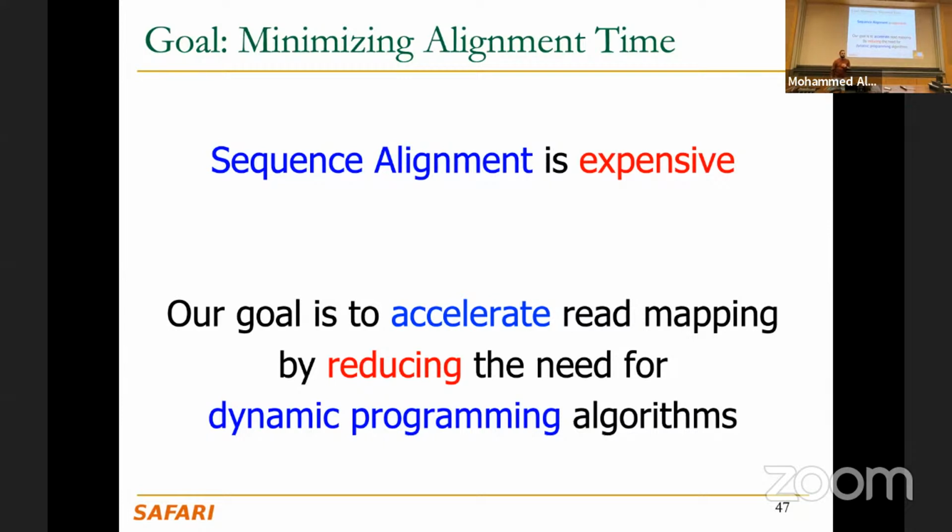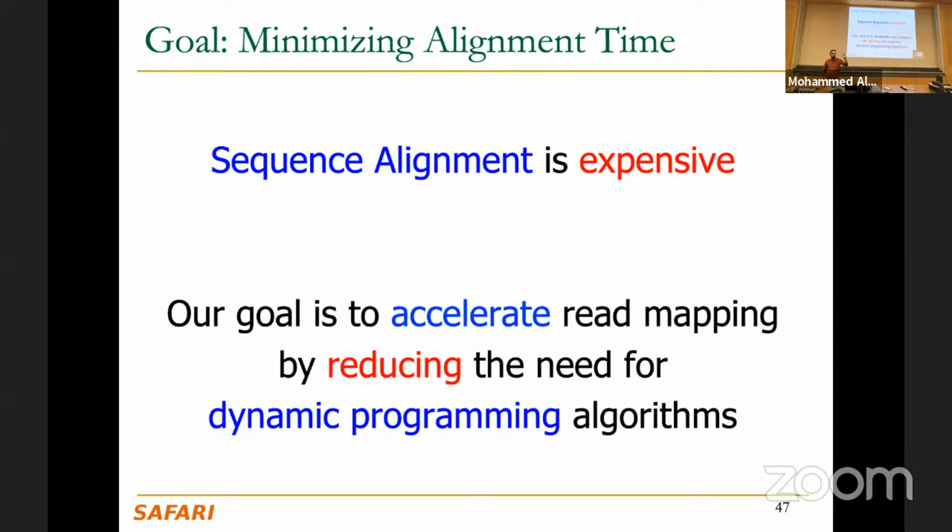Now, instead of using this expensive dynamic programming algorithm all the time, what we can do is use something else that is quicker and tells you if these are similar or not. I don't care about the minimum edit distance value, for example, at this stage. I care only about roughly how many differences there are, and I can tolerate some margin of error. I don't need dynamic programming just to tell me if these are similar or not.